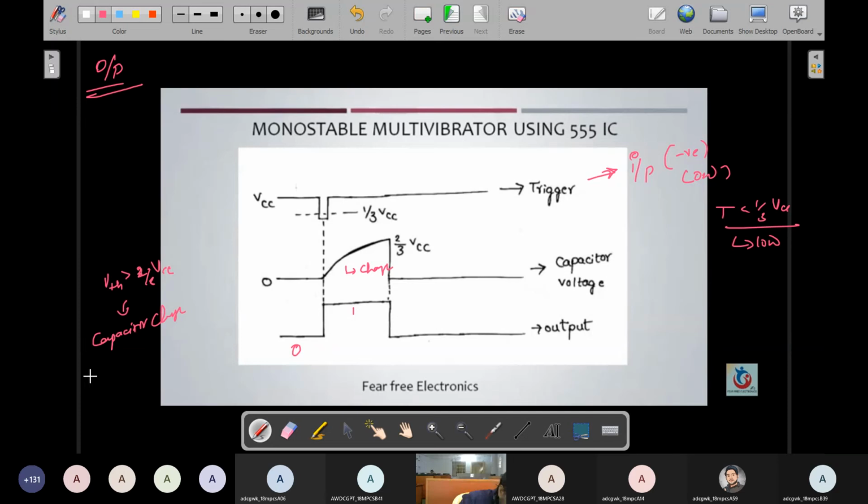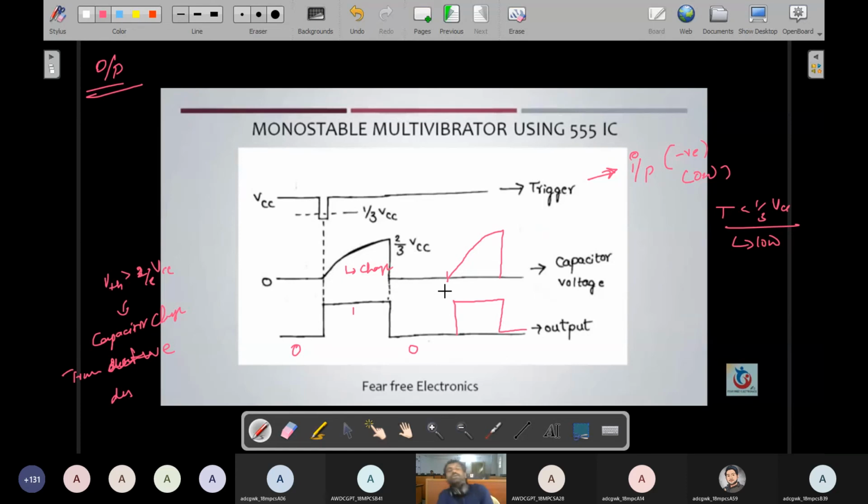Once the transistor is activated, it is short circuited, then the capacitor will be discharged. At that time it discharges like this and comes back to the ground state. Therefore in the discharging process it's zero. After some time the process repeats, the capacitor is charging again, and the output takes the high condition.